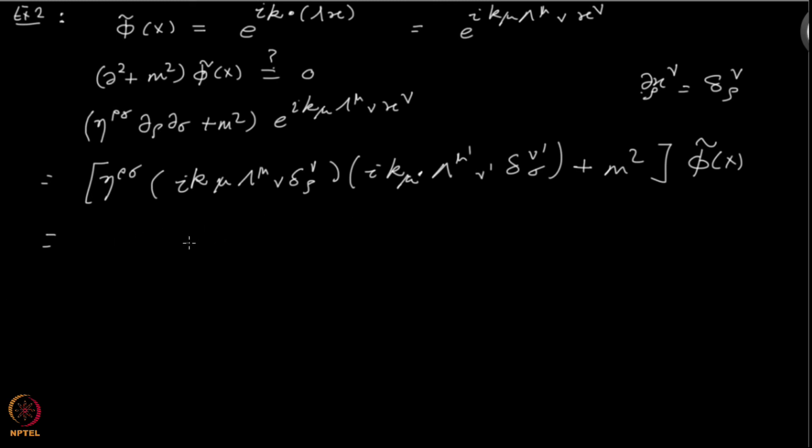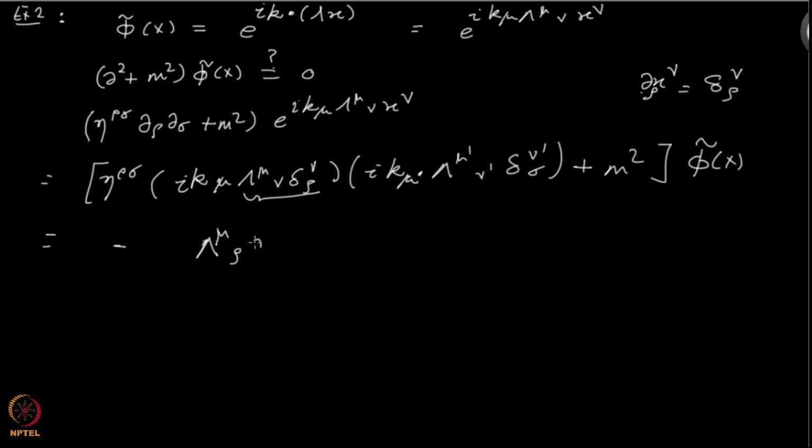Okay, so what is this now? I square is minus 1, then you have lambda mu nu. First I will make this index rho, so this becomes lambda mu rho, these two together.